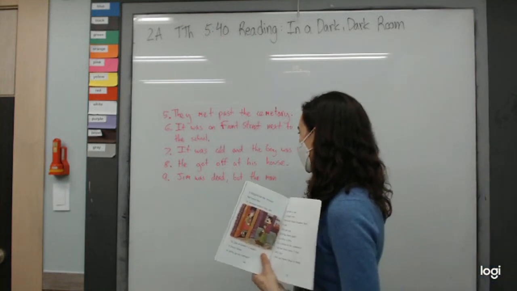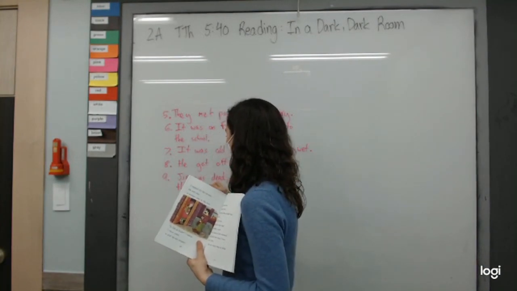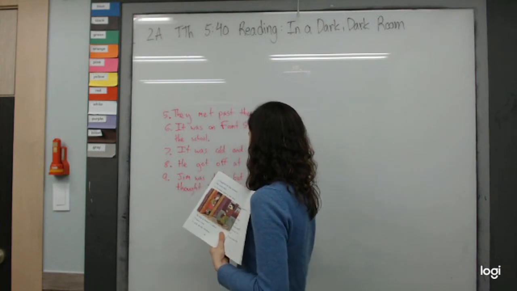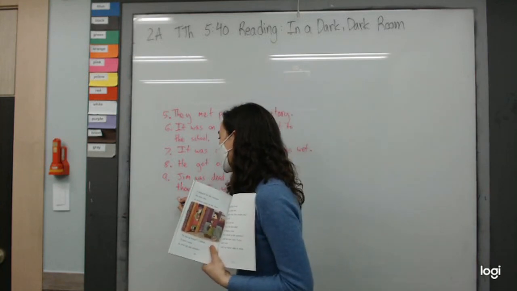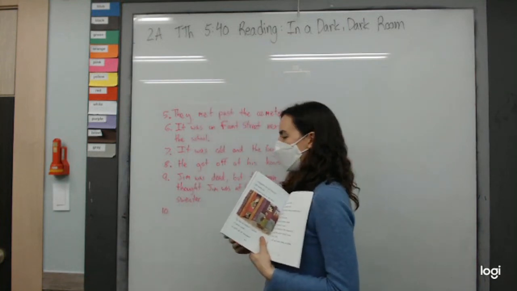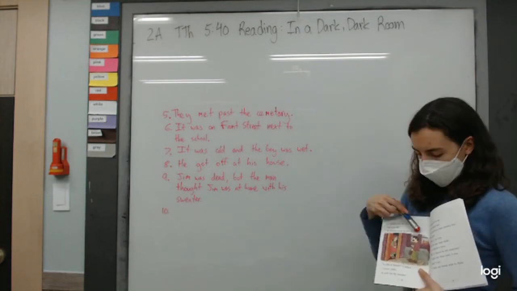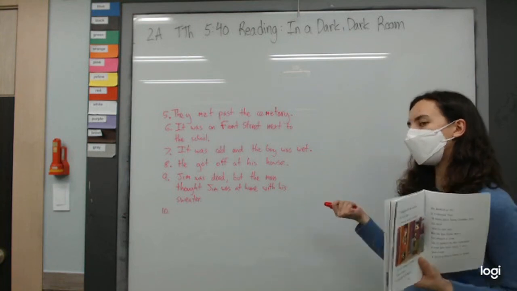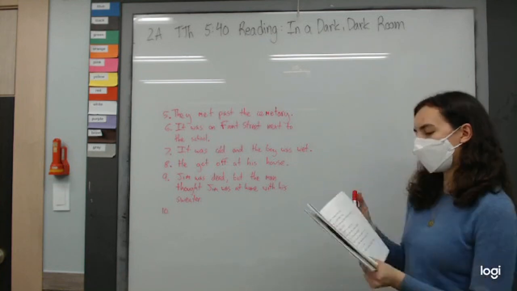So Jim was dead, but the man thought Jim was at home with his sweater. And she knows, Jim can't have your sweater. Jim is dead. She knows. He doesn't know. So she thinks it's weird. Why does he think Jim has my sweater? She doesn't know. Why does the man think Jim has my sweater?